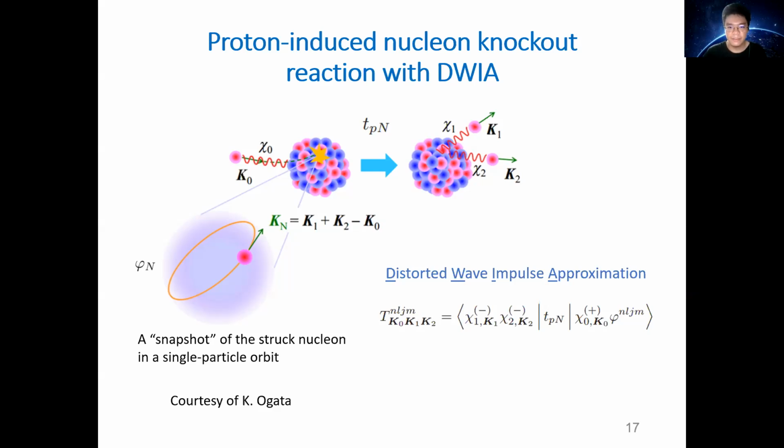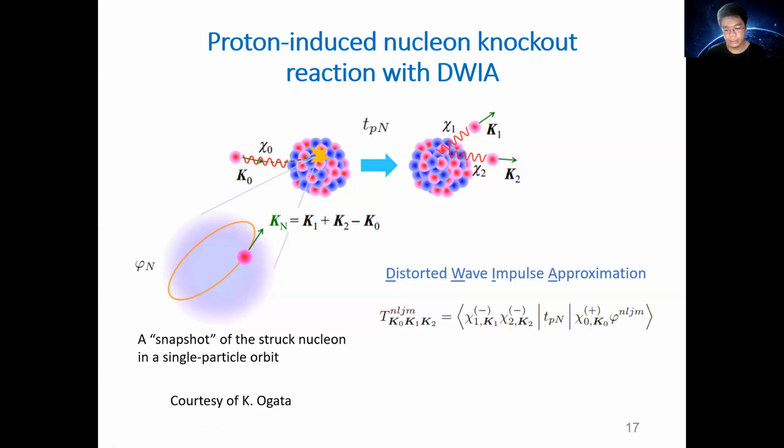In terms of the transition amplitude of the distorted wave impulse approximation, it can be nicely represented using this formula, and there are only 5 ingredients required. Three of them are the two-body scattering distorted wave functions, then there is the bound state wave function of the valence nucleon, the single particle wave function, and then the two-body nucleon scattering matrix.